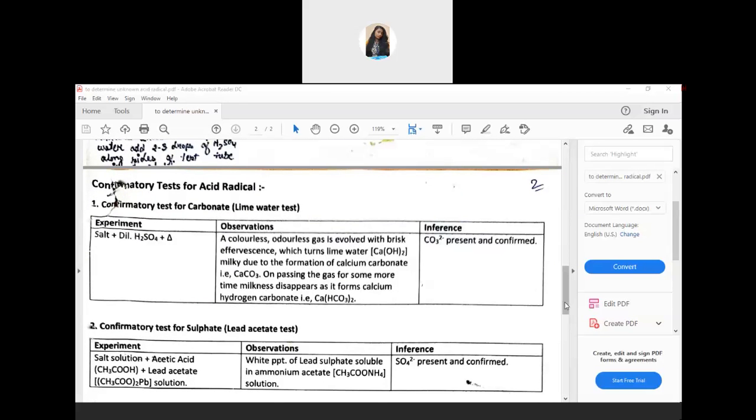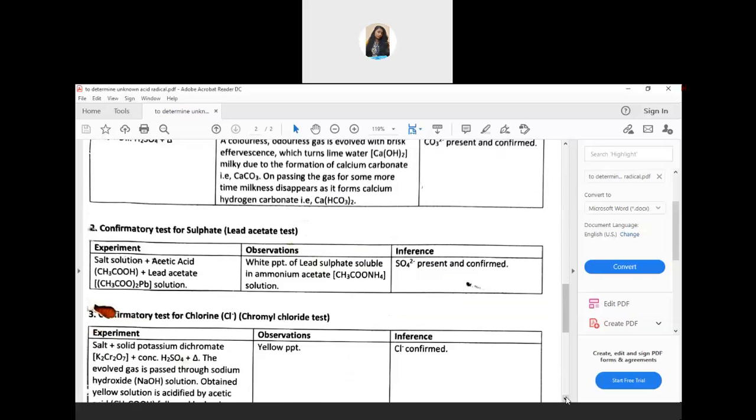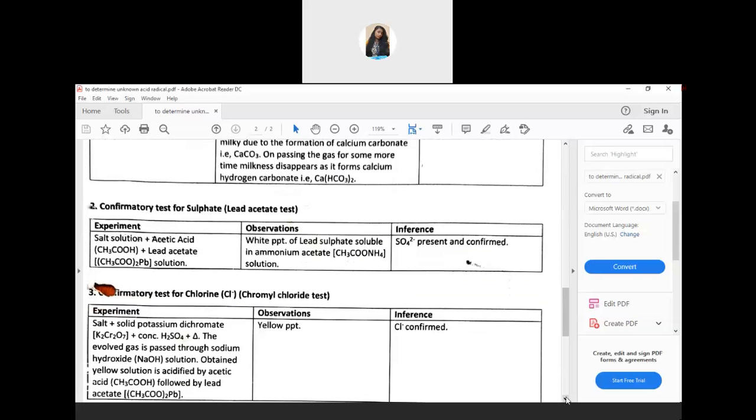So for the confirmation tests, these are the tests for whichever radical you found. If you found carbonate ion in the above experiment, then you go through the confirmatory test for carbonate. Next, if sulfate ion was found in the above dry test and wet test, then you go through the confirmatory test of sulfate. If chloride is present, then you go through the confirmatory test of chloride.